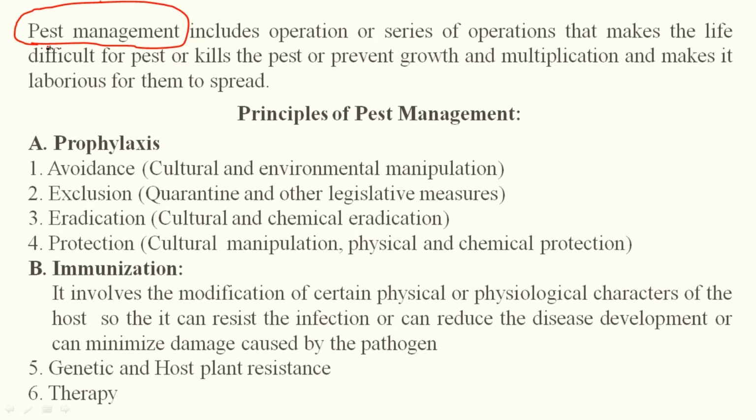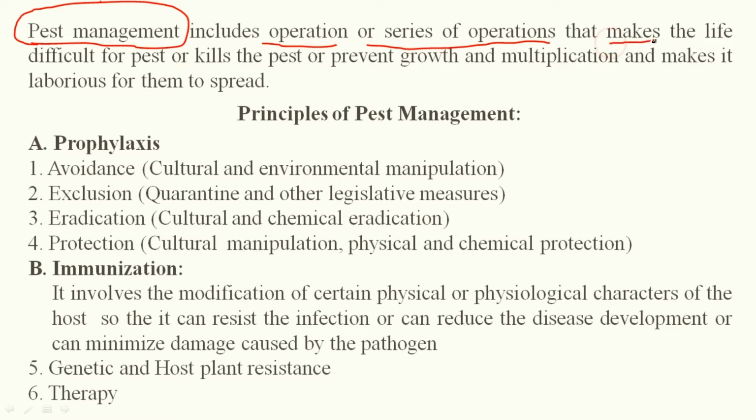Pest management includes some basic principles. On which basis are the principles made? It may be a single operation or a series of operations, individual techniques or an integrated series of techniques that we have to adopt. Three or four points are there.